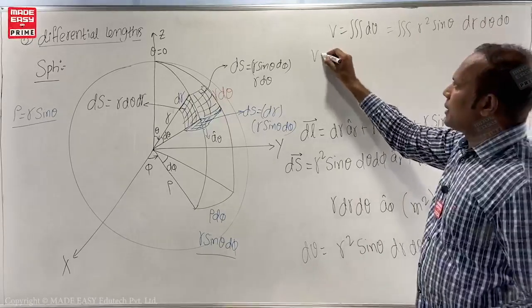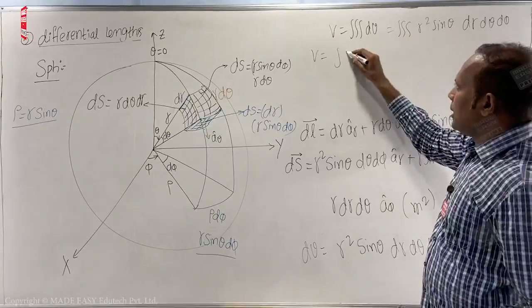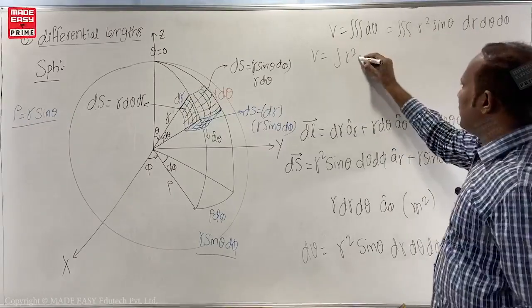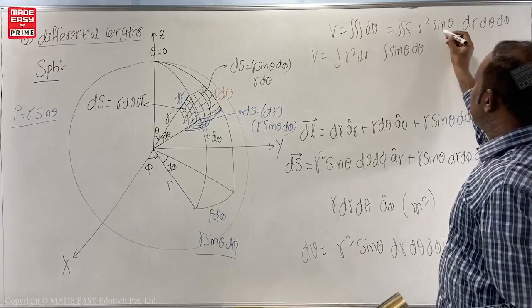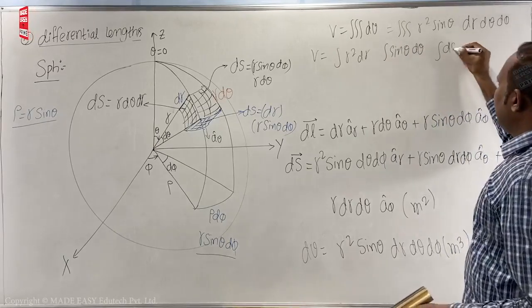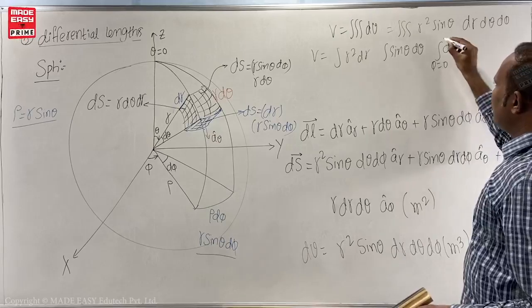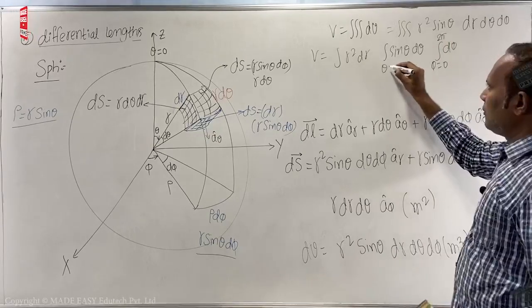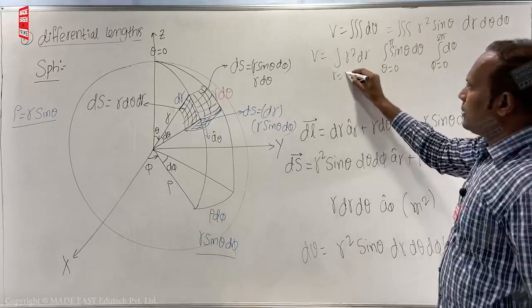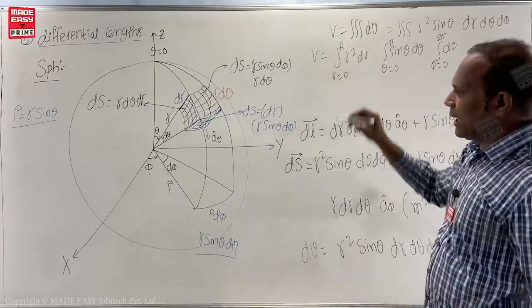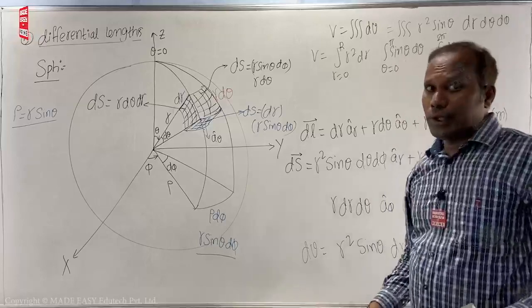Now in this integration, you separate the r terms, which are r square dr, and separate the theta terms, that is sin theta d theta. Separate the phi terms. Phi varies from 0 to 2 pi, as we have already seen for a sphere. The vertical angle is 0 to pi and the radius is 0 to capital R. What is the question?